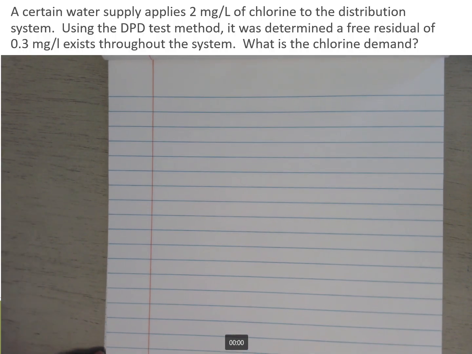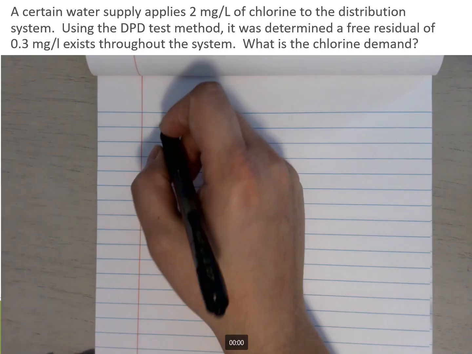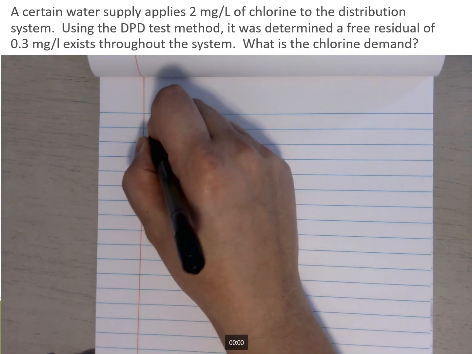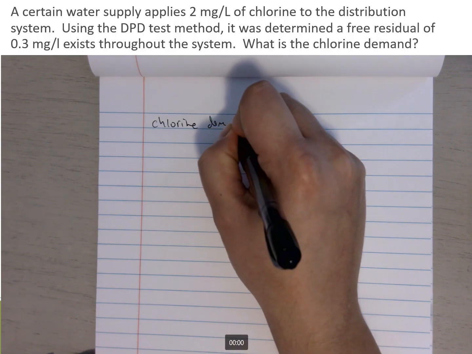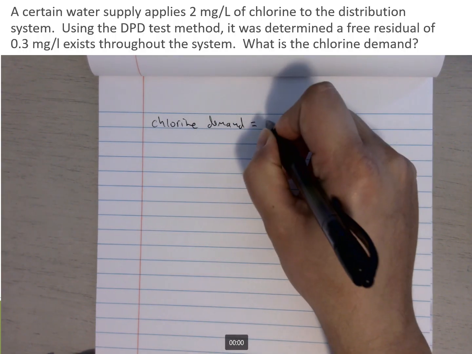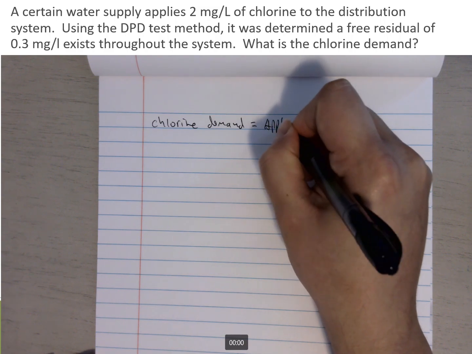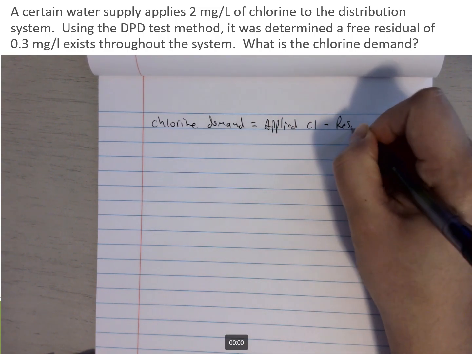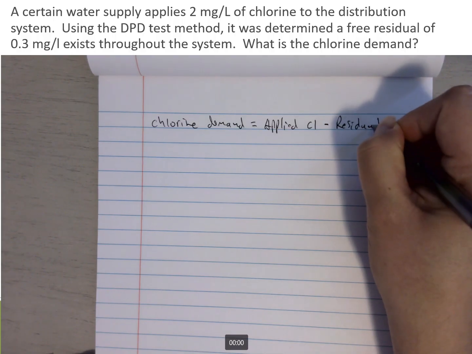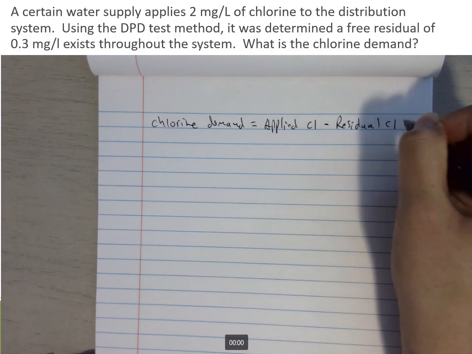If we take a look at the chlorine demand equation, chlorine demand is equal to your applied chlorine minus your residual chlorine.